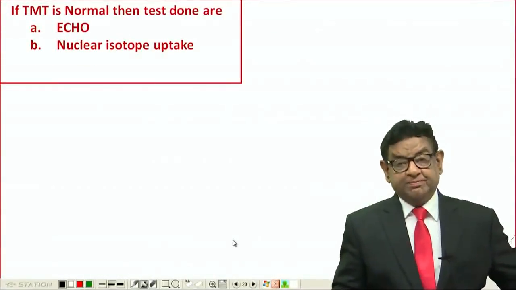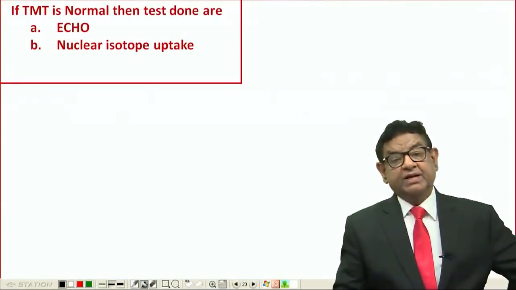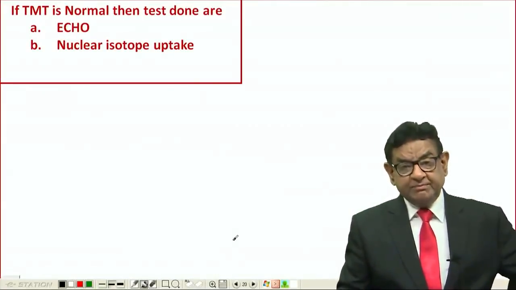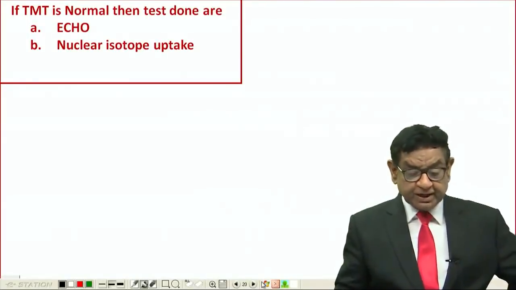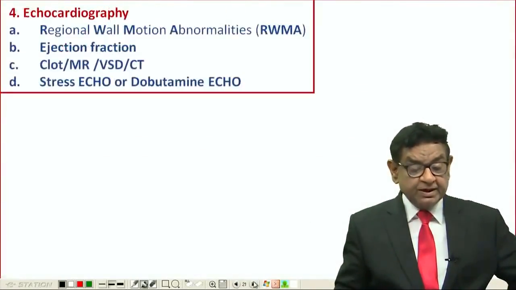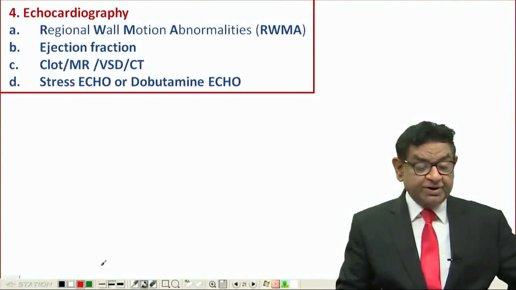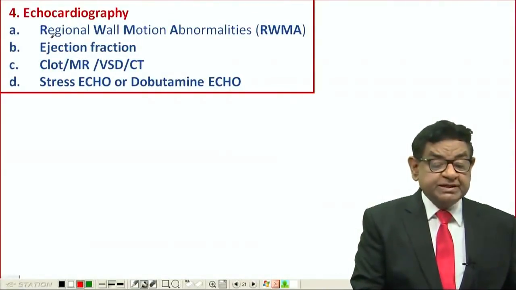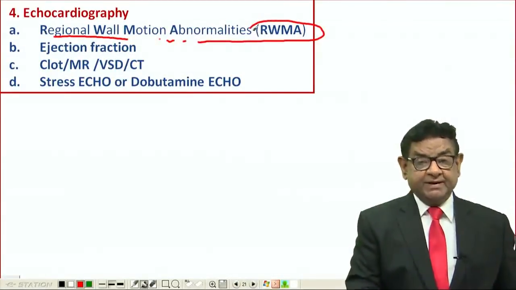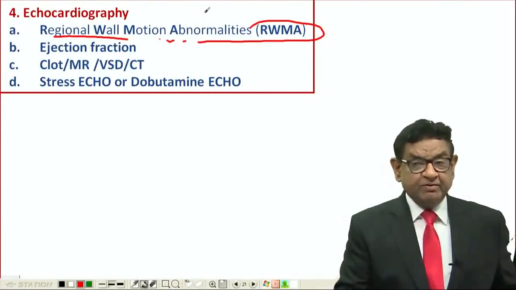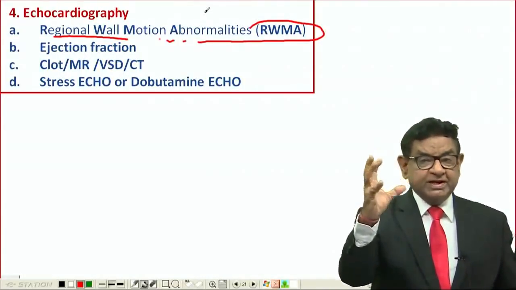Okay, now suppose TMT test is normal. Now what to do? If TMT test is normal, then the next test is echocardiography. Now what we see in echocardiography, first of all, you can see regional wall motion abnormality, what we write as RWMA. What do you mean by regional wall motion abnormality? So this is normal ventricular contraction.